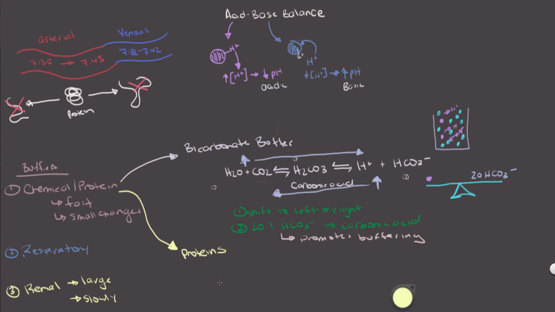A protein is going to have an amine group, so an NH2 group, and a protein's also going to have a carboxyl group, which we'll demonstrate here as OH. Either side of this protein can act as either an acid or a base, which will allow us to actually buffer.